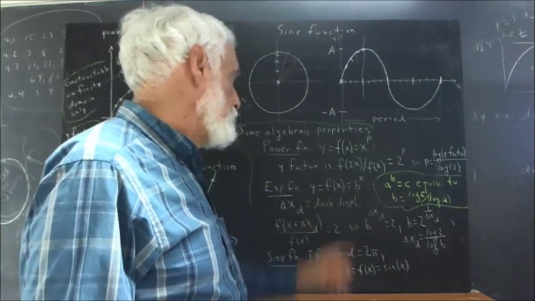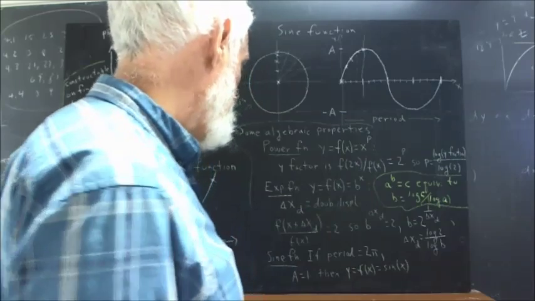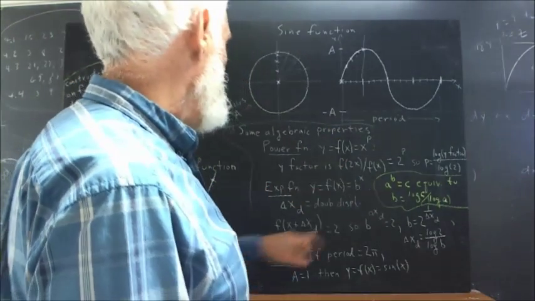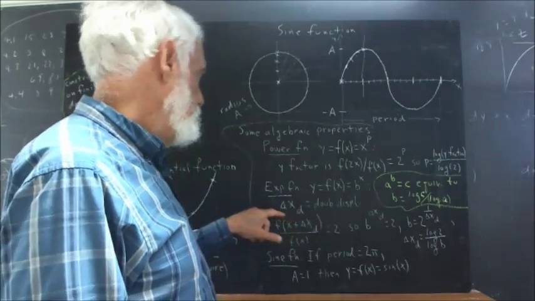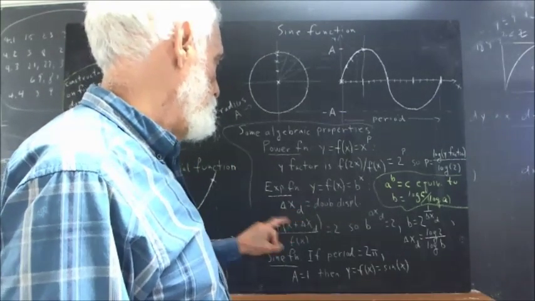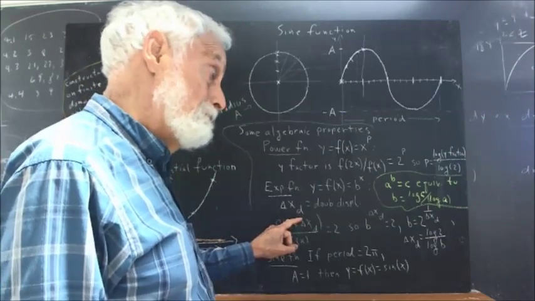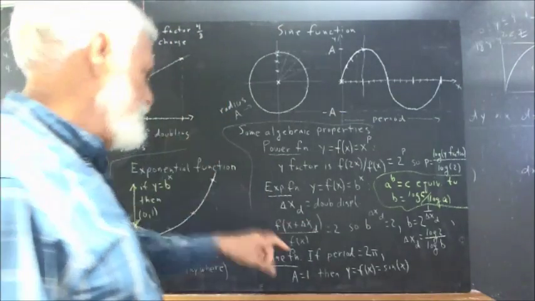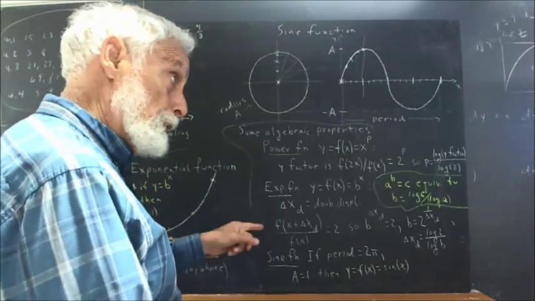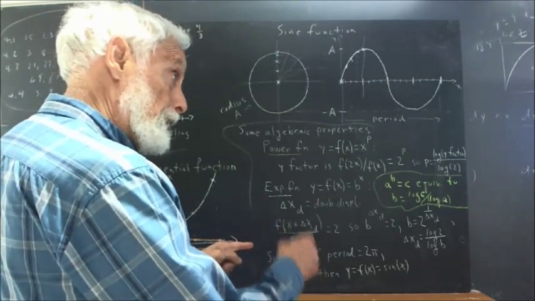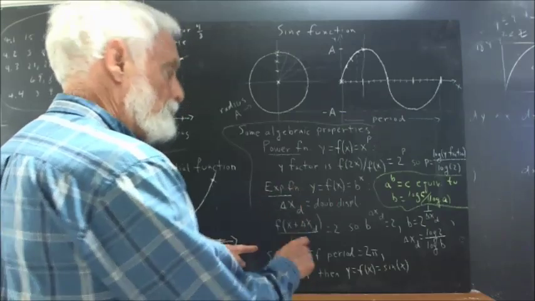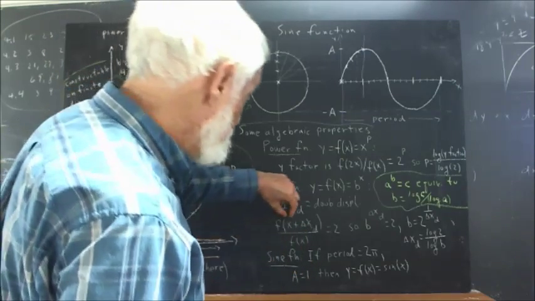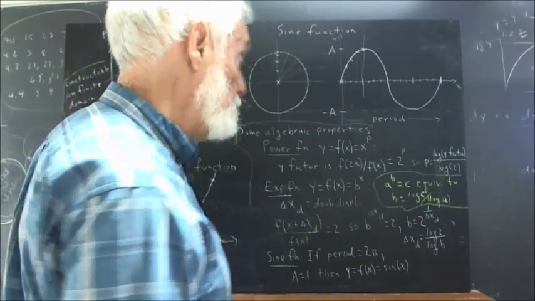An exponential function is of the form b to the x. f of x equals b to the x, the most basic exponential function. The doubling displacement we symbolize by delta x sub d, the change in x as the value doubles. Then f of x is the value at some point x. f of x plus delta x is the value if we move delta x_d from that point, so the value has to double, which means that this divided by this has to be 2.